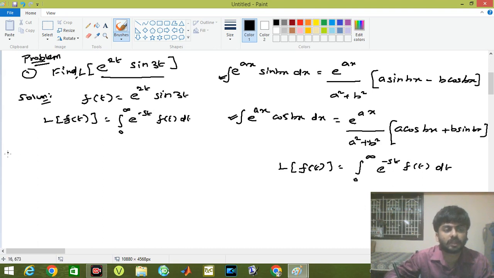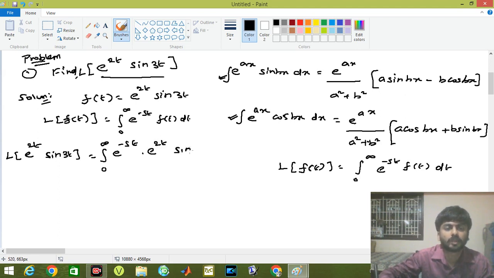So here we have L of e power 2t sine 3t equals the integral from 0 to infinity of e power minus st, where f of t is e power 2t sine 3t, dt.